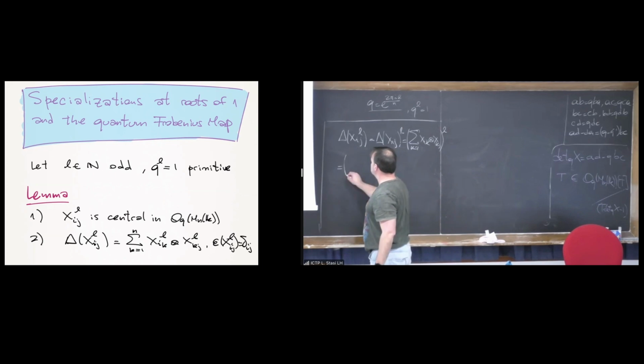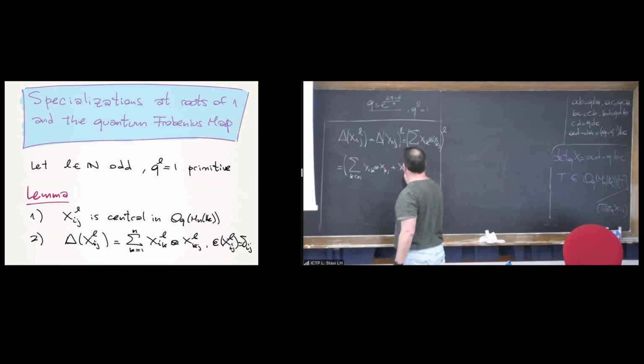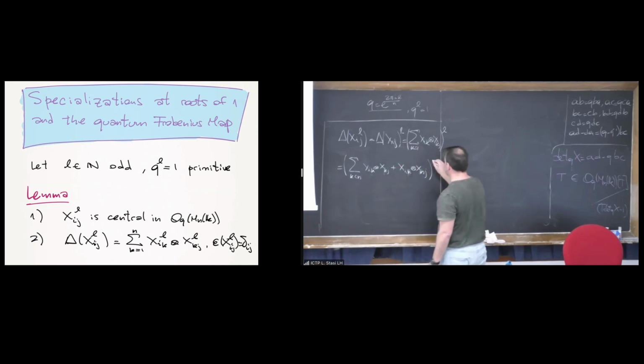We split the sum in two, when k is less than n, plus the last term, when k is n, nj, to the l.